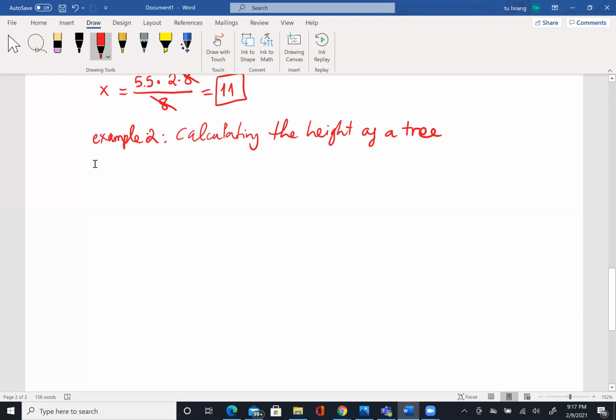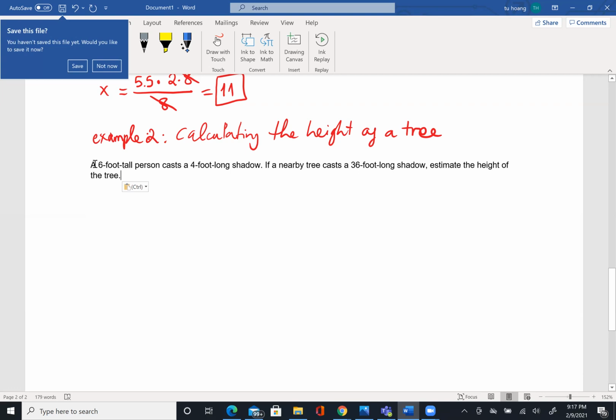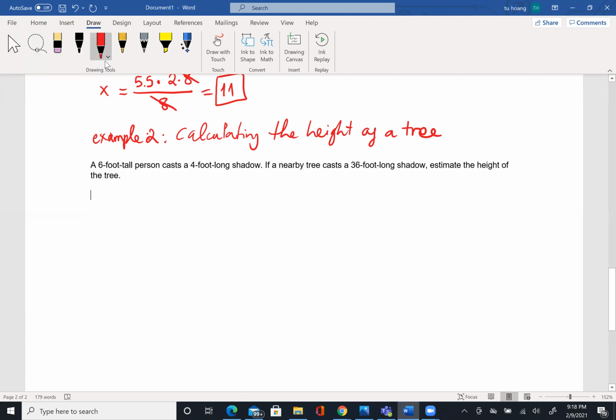So let's say a 6-foot tall person casts a foot long shadow. If a nearby tree casts a 36-foot long shadow, estimate the height of the tree. So you can have like here, right? Here is the person.